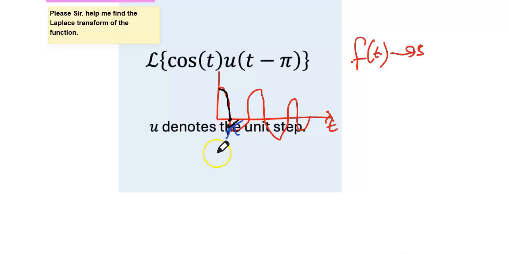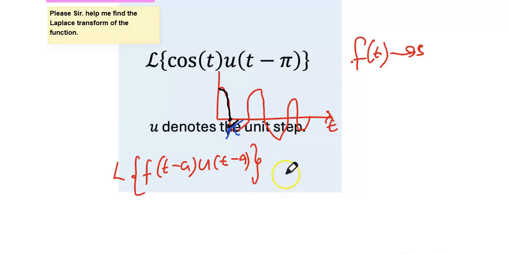The second translation theorem states that if you have the Laplace of f of t minus a multiplied by u of t minus a, this must be equal to e to the power of negative a s, times F of s, where s here represents the frequency and a is nothing but the horizontal translation.